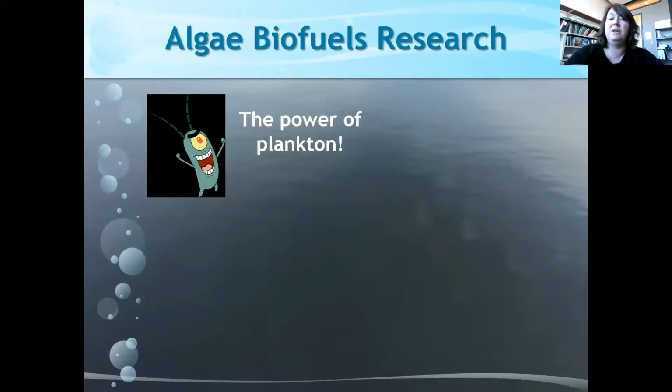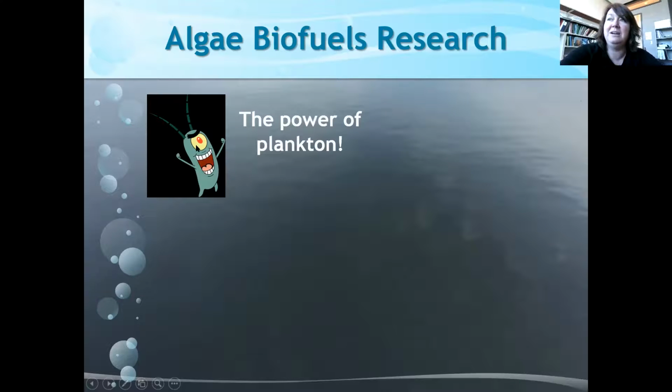So finally, I'm just going to mention algae biofuels research that we do, because for those of you who watch SpongeBob, well, plankton, if you know much about SpongeBob, the creator of SpongeBob actually was a marine biologist. And so even though SpongeBob looks like a funny sponge that you would use to clean your sink in your bathtub, plankton was actually created as what they call a composite of the different types of plankton you find in the ocean.